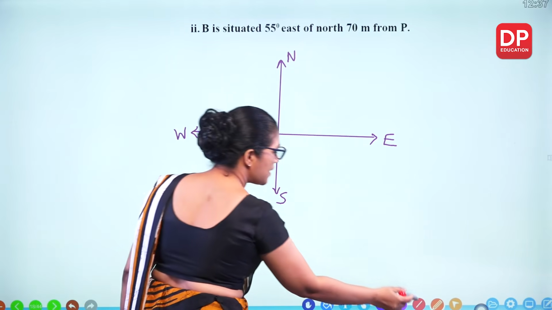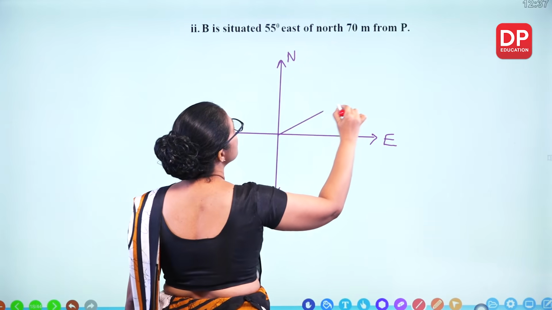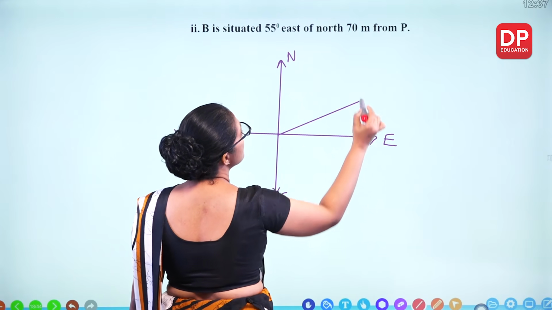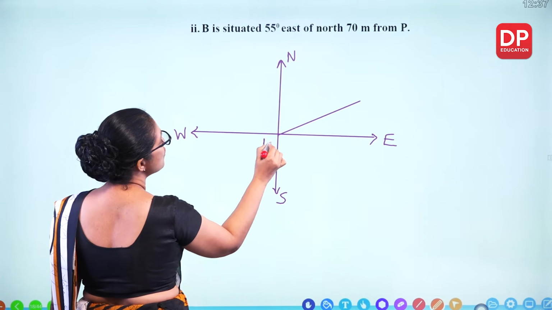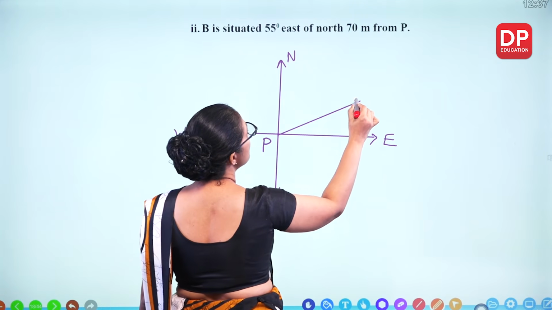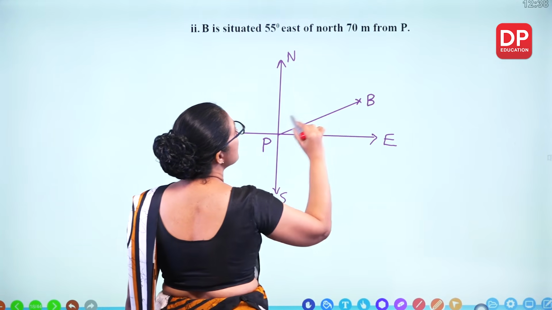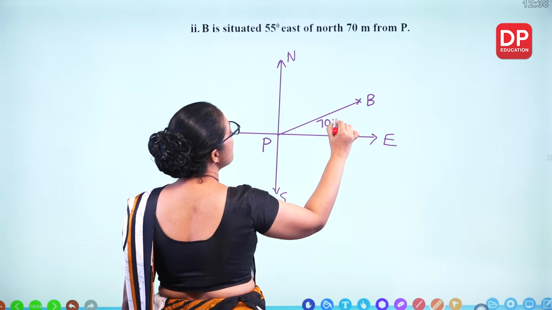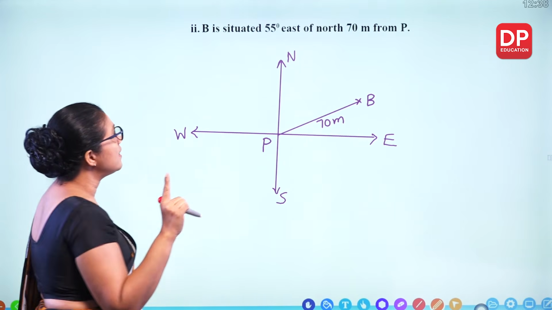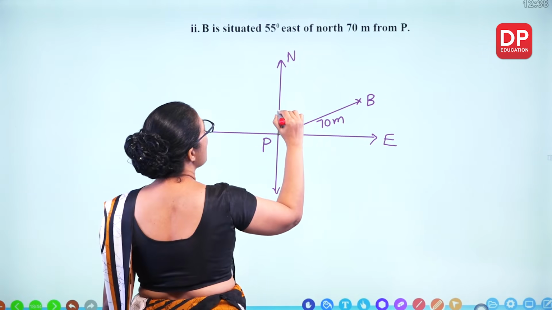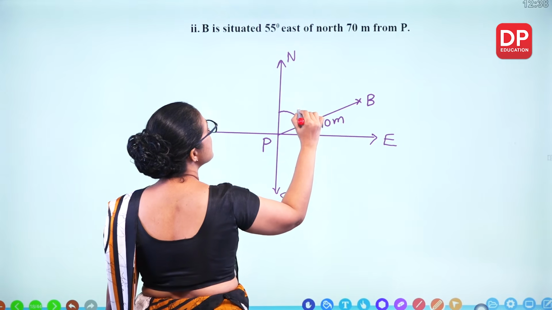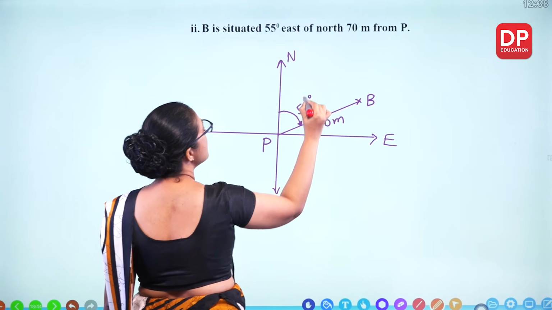So 55 degrees from here. From P, this should be P and this is B, 70 meters away. And what's the angle? 55 east of north. 55 east of north means this is 55 degrees given.